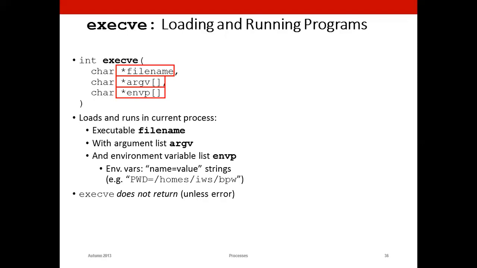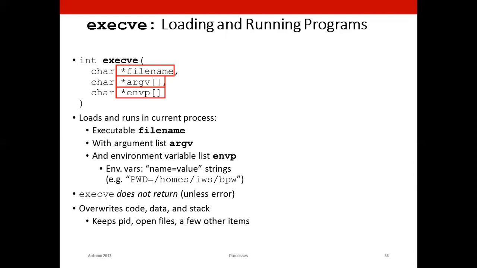It only returns when there is an error. This is because when execv is called, it was running in one program, and now it is running another program in the same process, and it is no longer running in the calling program. So that's why it does not return. And as we said before, it overrides the code, the data, and the state. It keeps certain things intact, such as the PID, open files, and a few other things.